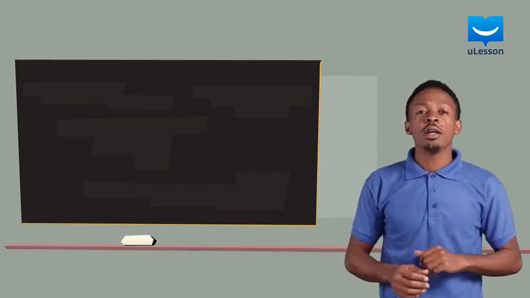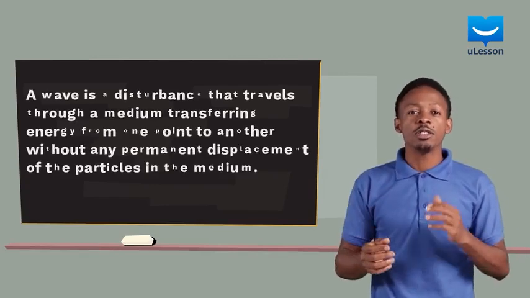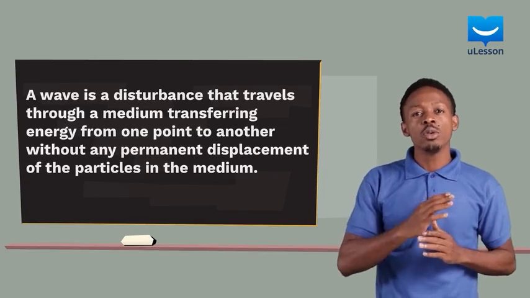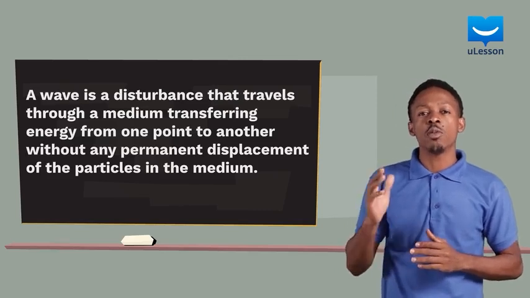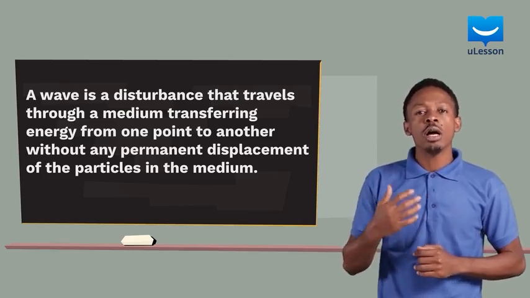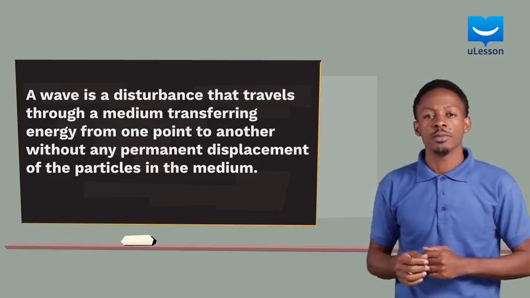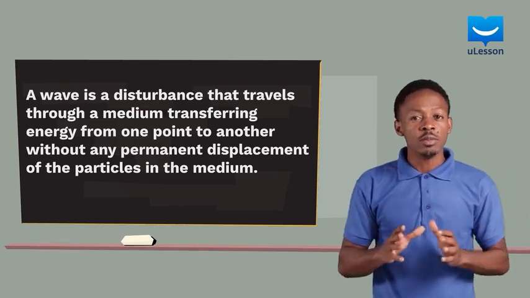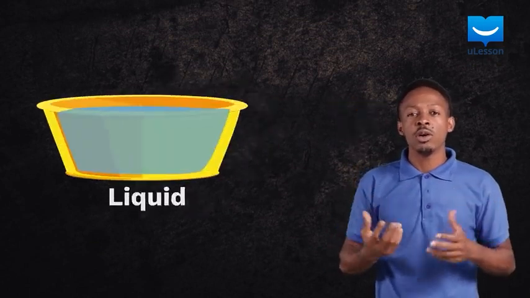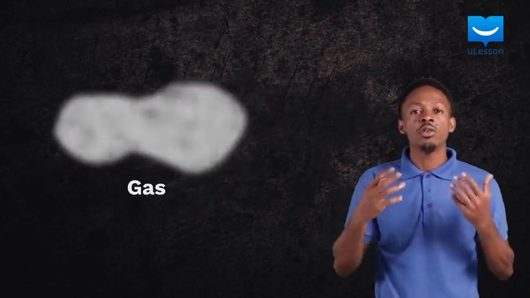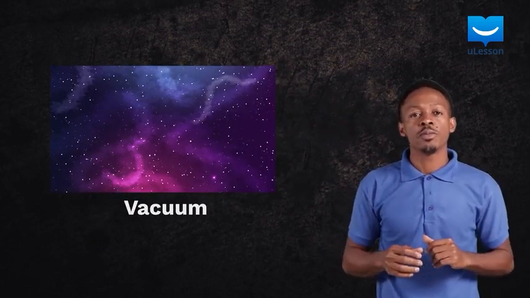Before we answer this, let's recall that waves are disturbances that travel through a medium, transferring energy from one point to another without any permanent displacement of the particles in the medium. This medium can be any form of matter, in a solid, liquid, or gaseous phase, or it could also be a vacuum.